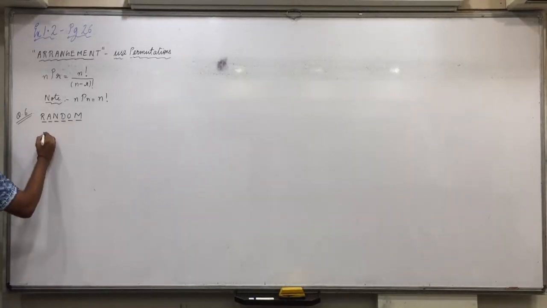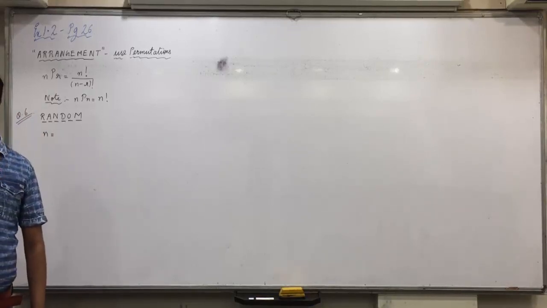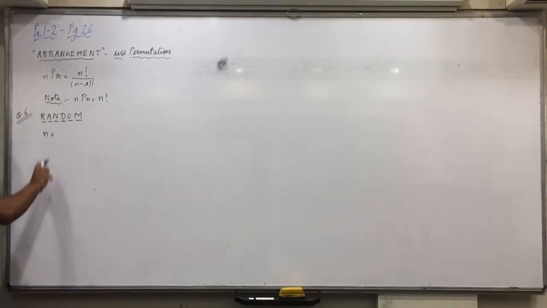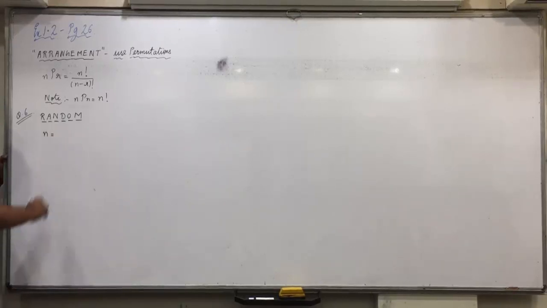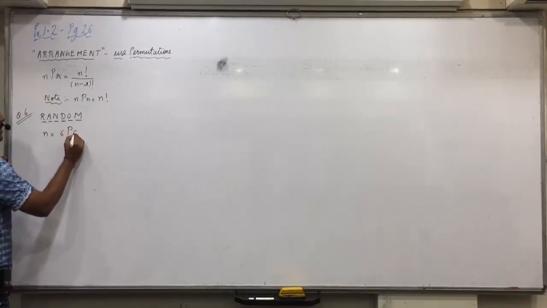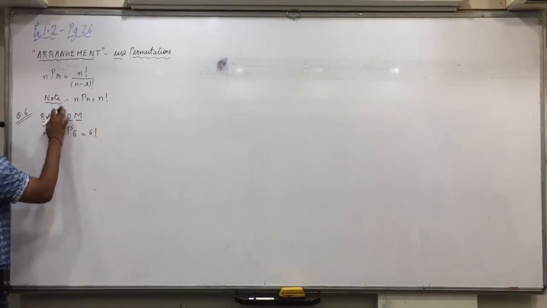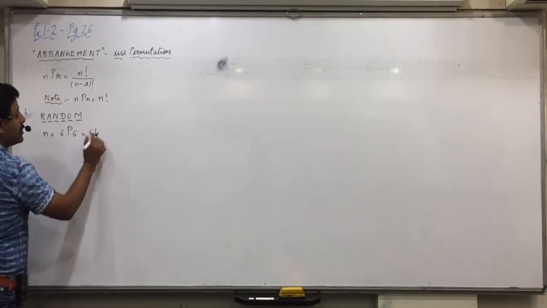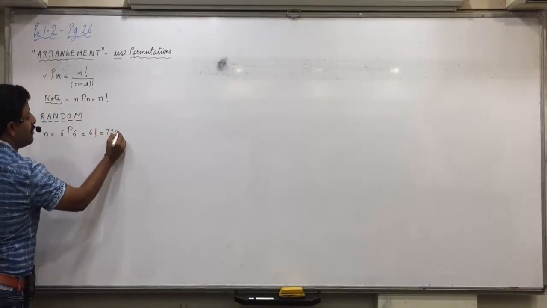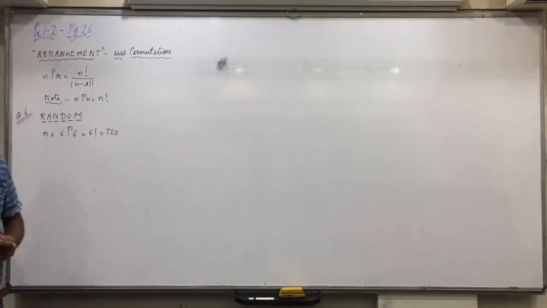So the total number of outcomes in the sample space, if you arrange all the letters of RANDOM in different places, we can say that 6 letters are to be arranged in 6 places. 6 letters can be arranged in 6 places in 6P6 ways. This note will be used. 6P6 means 6 factorial, means 720 outcomes are possible.